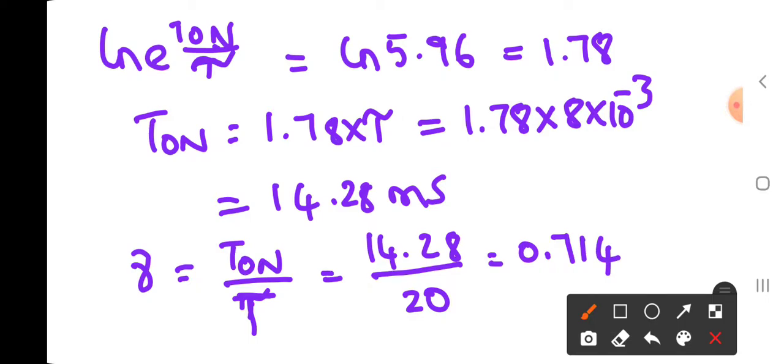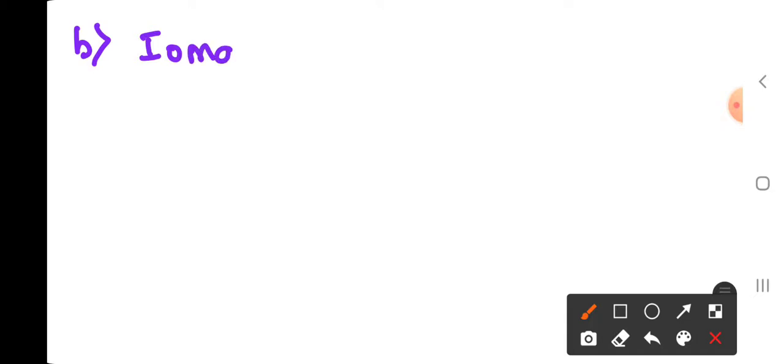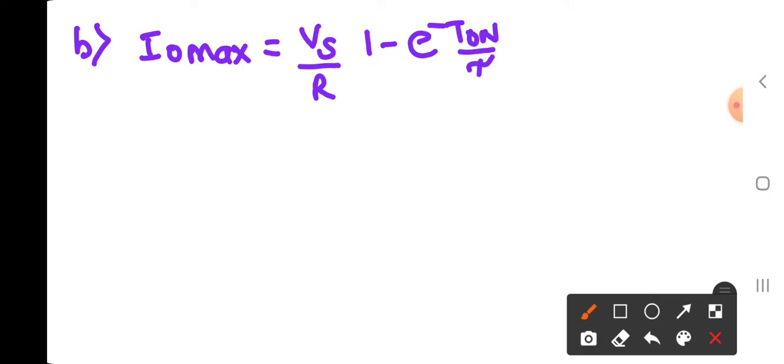Now, in the second part, you need to find the maximum output current. So for this 0.714, you need to find out the maximum current, I_O max. I_O max is equal to Vs by R, into 1 minus e power minus T on by tau, over 1 minus e power minus T by tau.